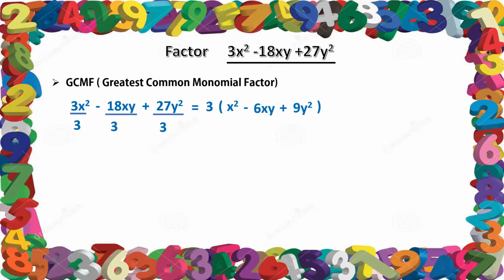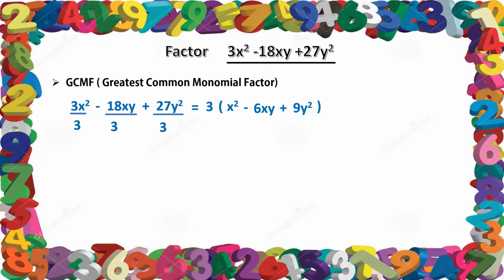So, we got 3 quantity x squared minus 6xy plus 9y squared as the factor of our original expression, which is 3x squared minus 18xy plus 27y squared, using GCMF.